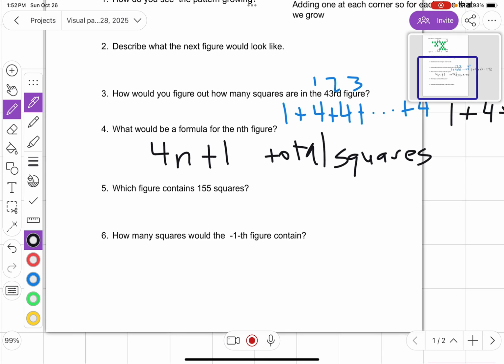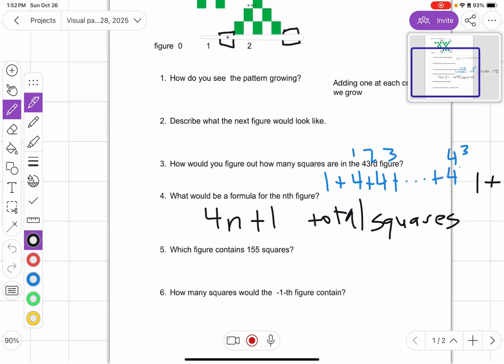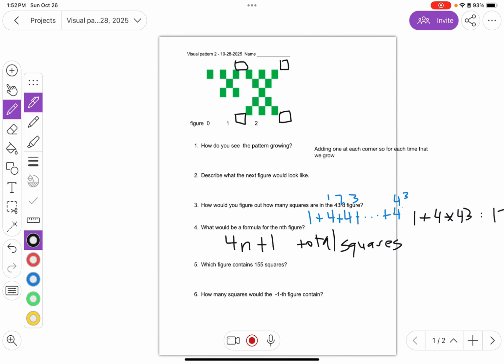Now, we want to use that and see if we can figure out which figure contains 155, and I'm not sure that that's going to work, and you'll see why in a second.